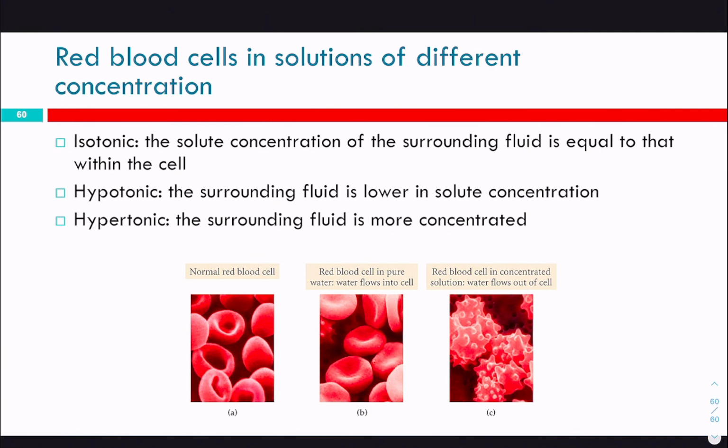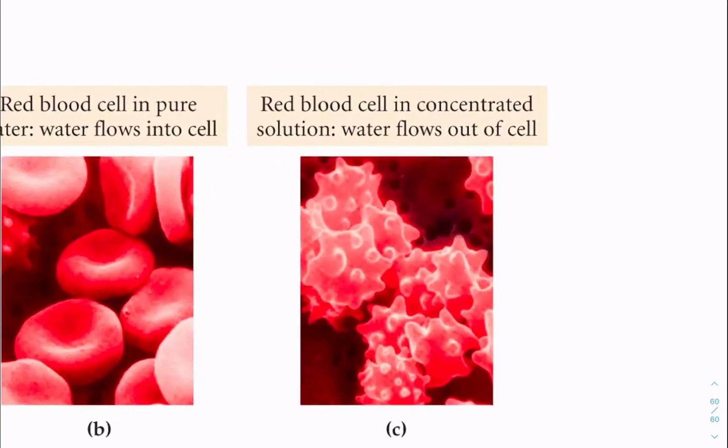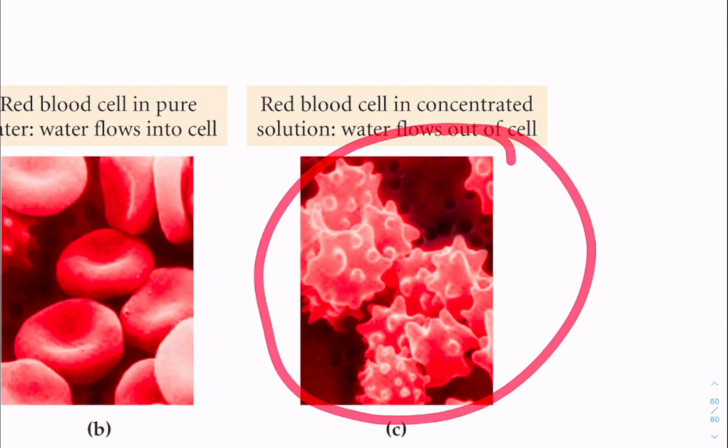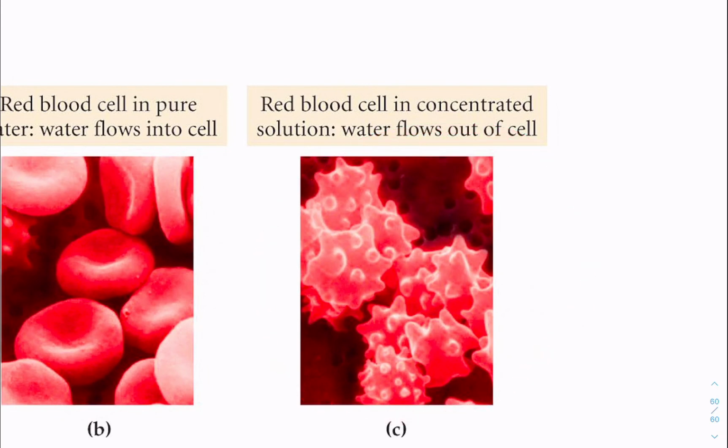I mean, these are super drastic changes, because your body's good at regulating them. So if you have something wrong, like your kidneys aren't filtering properly, and you get too much salt in your body, you could end up with a hypertonic solution, where the surrounding fluid is more concentrated in salt than your blood cells. Those blood cells have the water sucked out of them, and they end up looking like this.